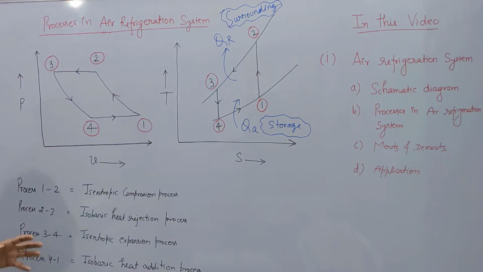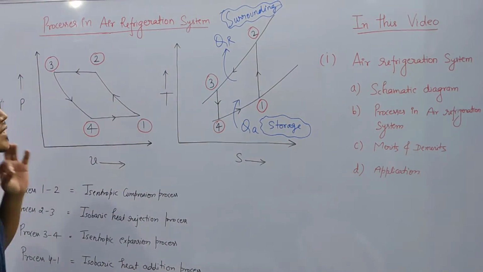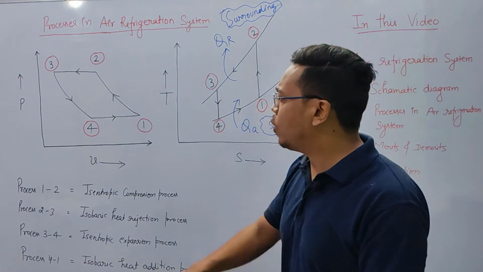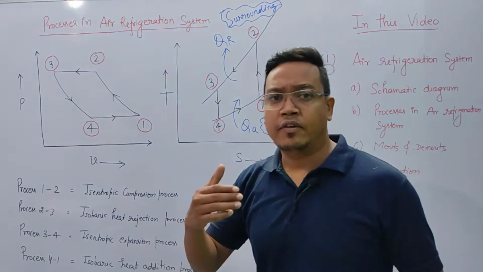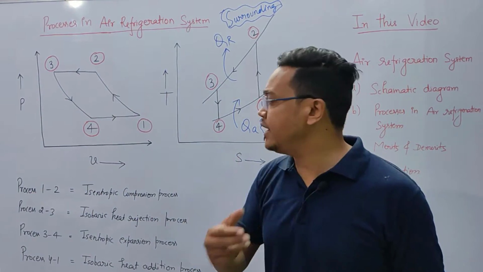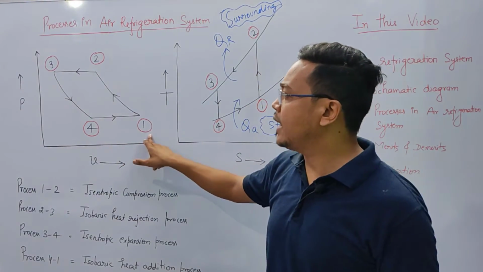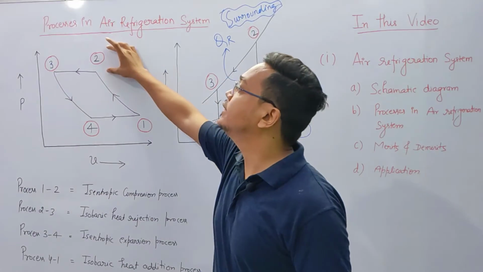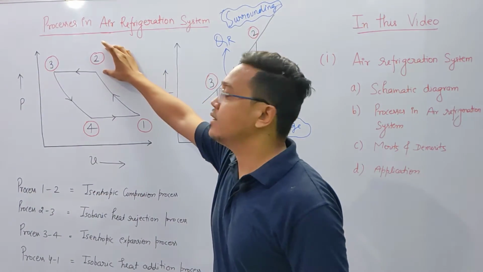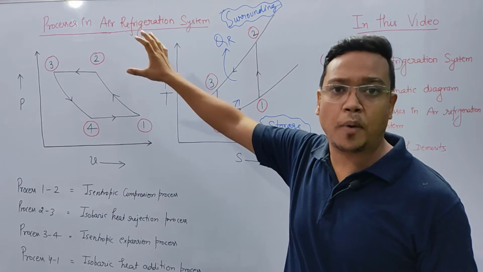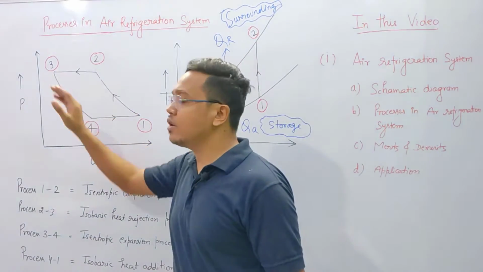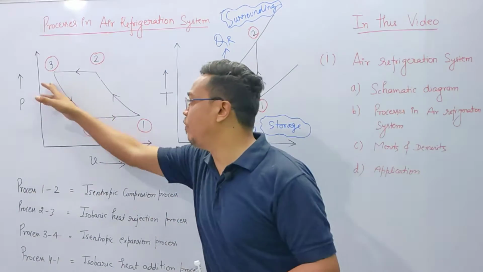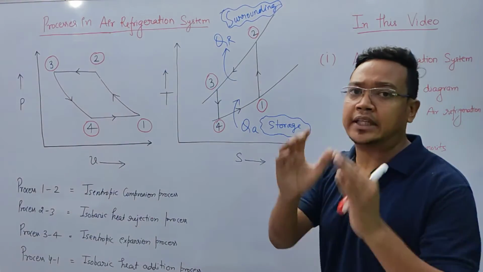Now, in this slide, we will see what the processes are. When we saw the schematic diagram, 4 to 1 is a constant pressure heat addition process. 1 to 2 is a constant entropy compression process, or isentropic compression process. 2 to 3 is a constant pressure heat rejection process, and 3 to 4 is an isentropic expansion process.